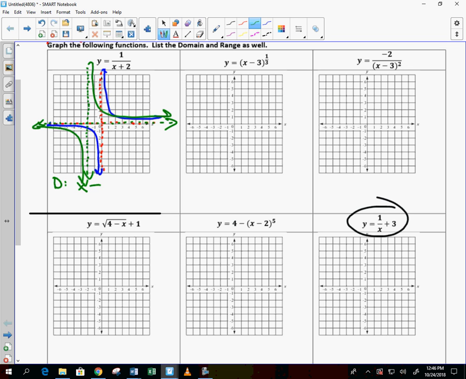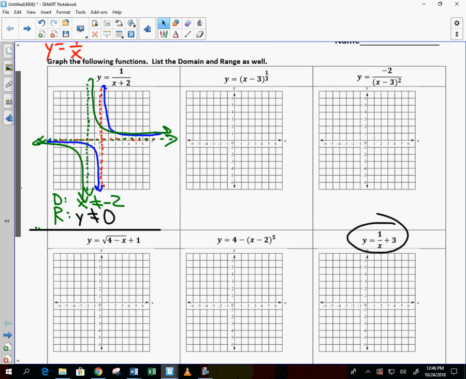So x cannot be -2. And for the range, we would drag a horizontal line. And as you drag that horizontal line, what's the only spot that the graph does not have an output? Yeah, very good. The graph does not have an output at 0, so y cannot be 0.